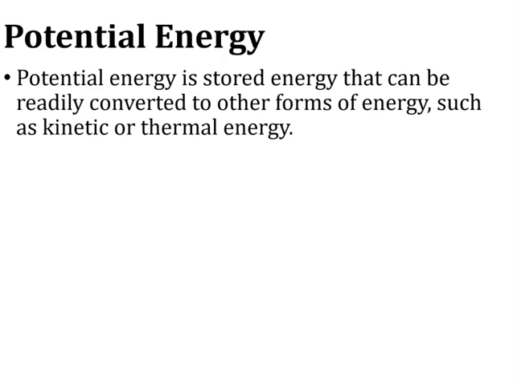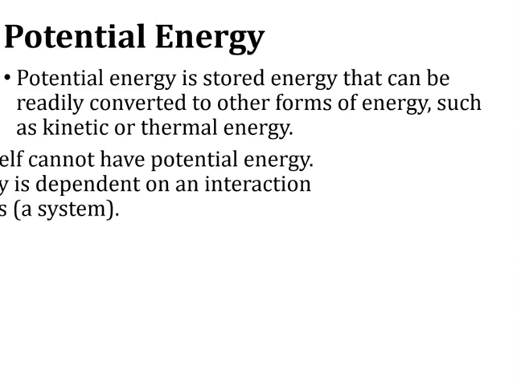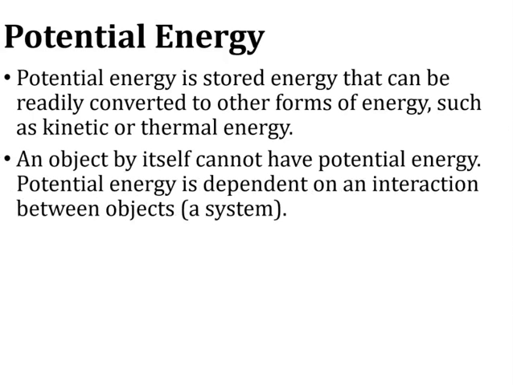Now, potential energy, in general, is stored energy that can be readily converted to other forms of energy, such as kinetic or thermal energy. An object by itself cannot have potential energy. Potential energy is dependent on an interaction between objects, some kind of system. Kinetic energy is different. Kinetic energy is the only form of mechanical energy that an object can have when it's by itself.